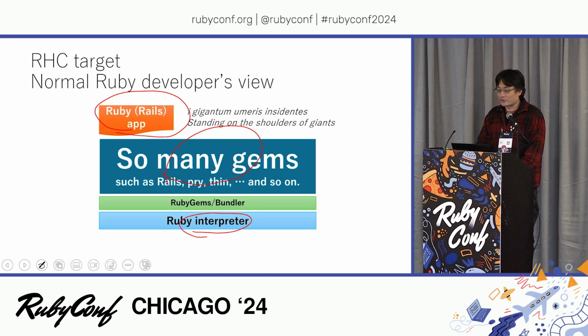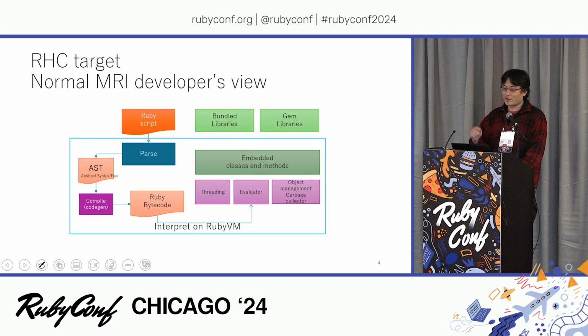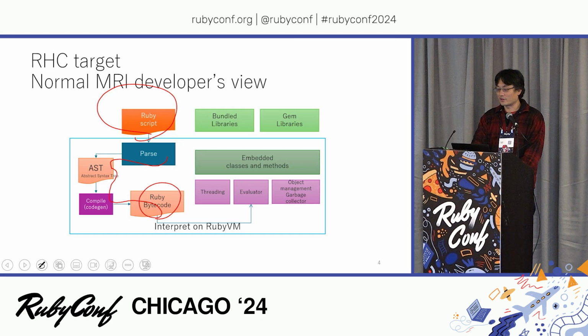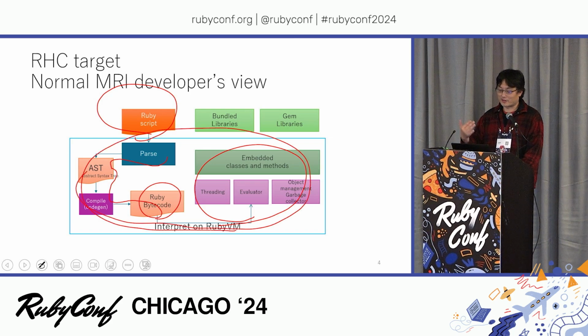However, from the Ruby interpreter's perspective, all of the Ruby gems, your applications, and Ruby on Rails are everything Ruby script. They are parsed to an abstract syntax tree, compiled to Ruby bytecode, and interpreted by the interpreter. So in this workshop, we will modify this area, the Ruby interpreter internals.